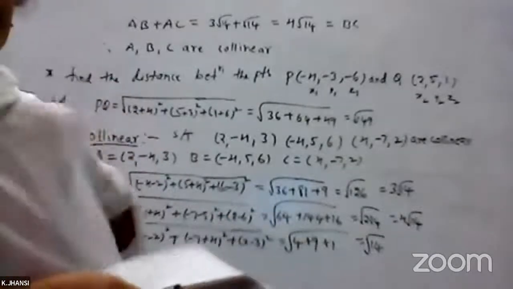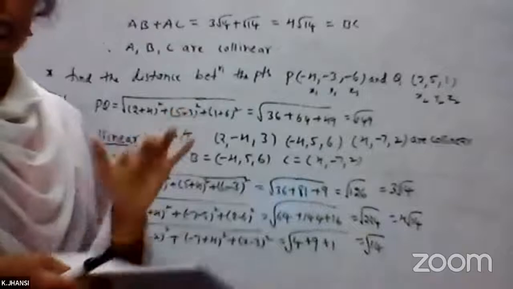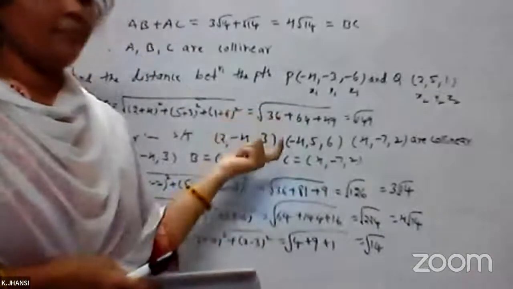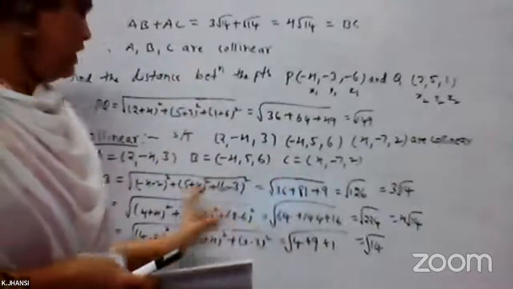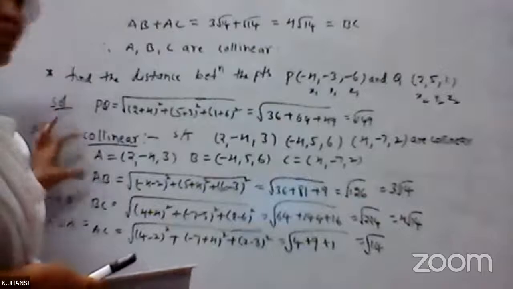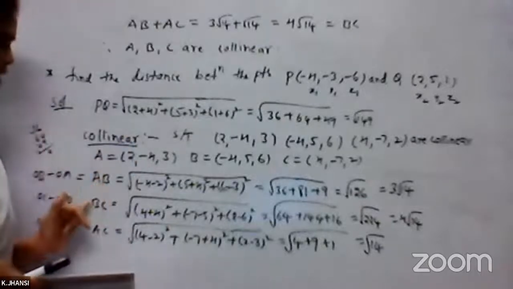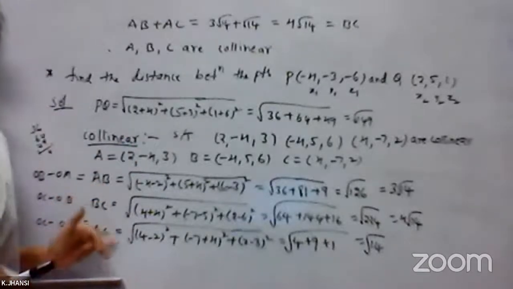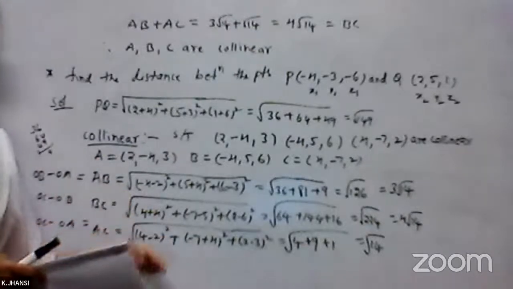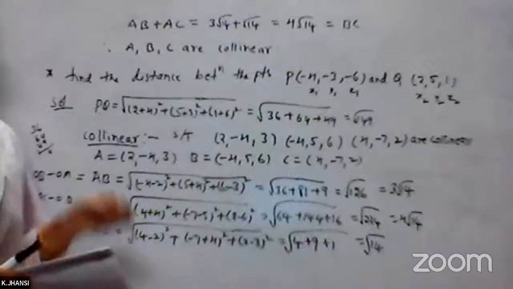And if they are asking for a right angle isosceles triangle, then with the help of the Pythagoras theorem, you have to show that AB square plus BC square equals AC square. If they are equal, then we can tell that it is an isosceles right angled triangle.